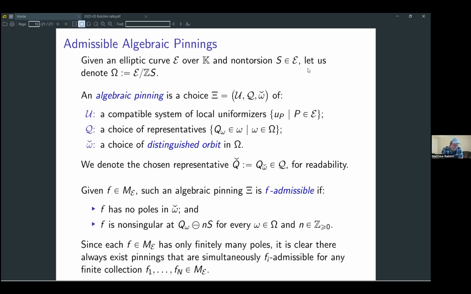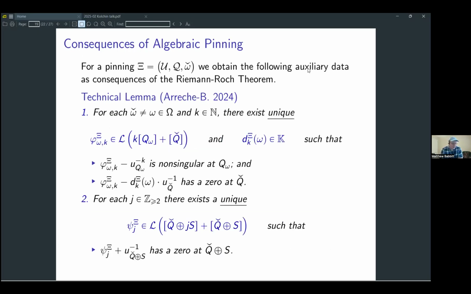Okay, given this algebraic pinning, we can construct a bunch of functions that mirror the uses of the Weierstrass zeta function in terms of this algebraic pinning. Now this is done very carefully using the Riemann-Roch theorem actually, so that we have functions with very particular poles and very particular local expansions at those poles.